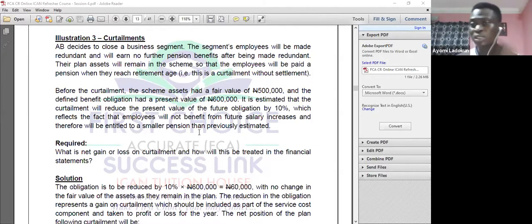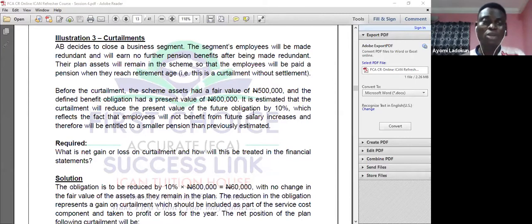Okay, and because of the differences between what the accountant has computed and what the actuary has also computed, there's always a difference because sometimes the actuary bases its calculation on assumptions, right? Okay, so that's why we now have a measurement component. Okay, so that's what we did the last time.